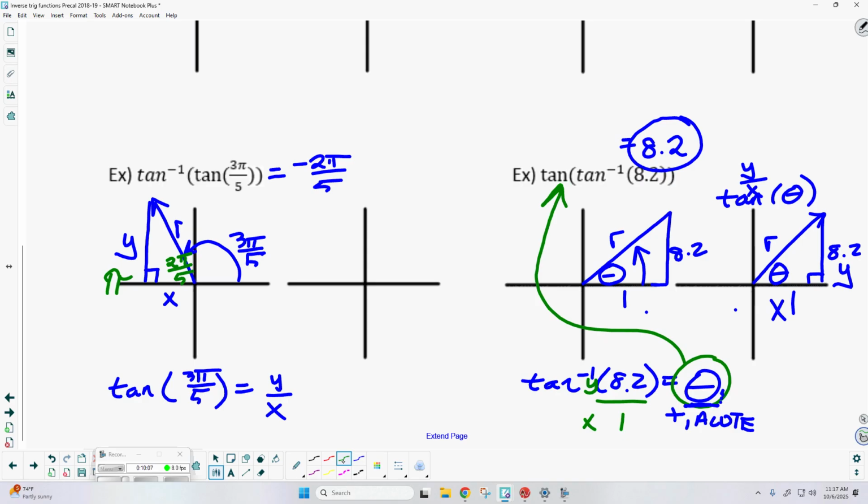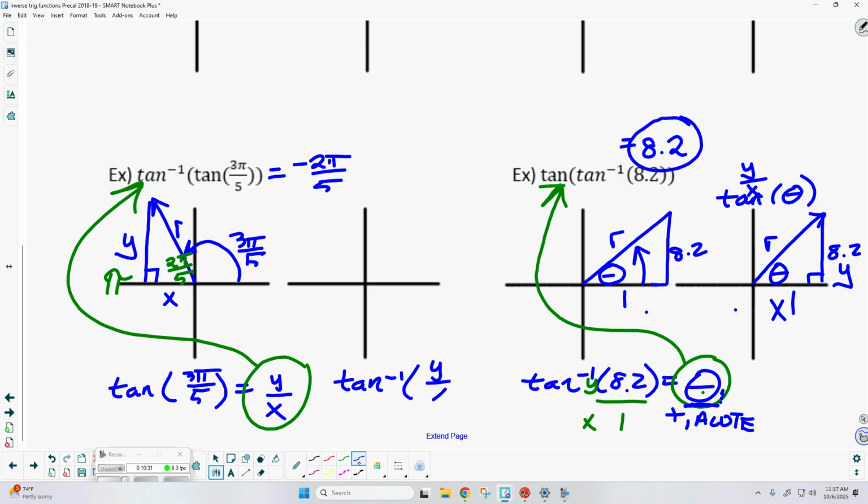Even though I don't know this value, that is perfectly fine. What am I going to do with y over x? Like when we didn't know theta, where'd I put it? There you go. We plugged it into the outside function, right? We're going to do the same thing here. So you're absolutely right. Plugging it into tangent inverse. So now over here, I'm going to have tangent inverse of that y over x.